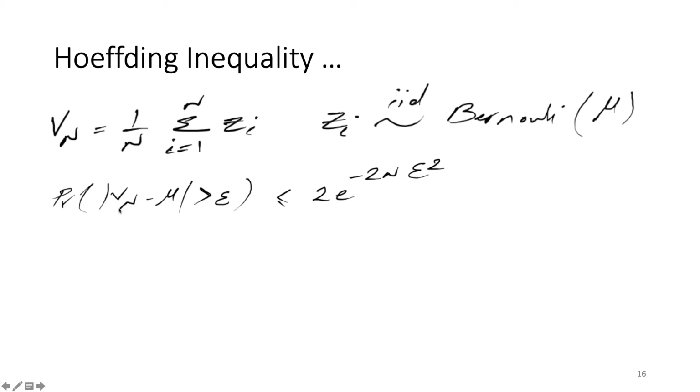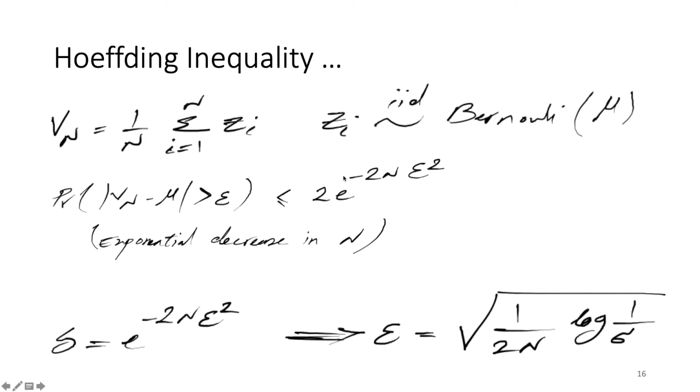We're going to have the probability of |Vn minus mu| greater than epsilon with an upper bound that Hoeffding's inequality suggested. You see that this is an exponential decrease in n. So defining delta as this value, we can compute epsilon this way now: the square root of 1 over 2n log of 1 over delta. Okay?